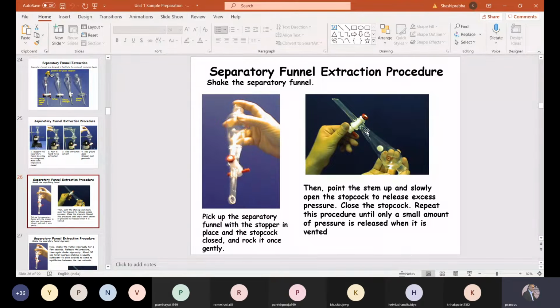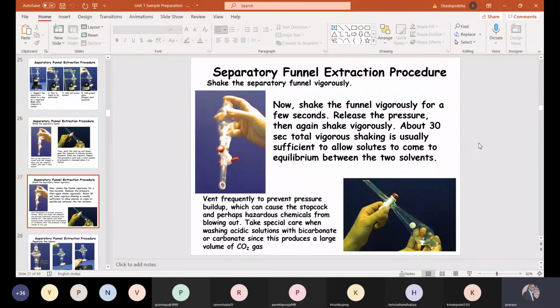Once you have shaken it for some time, then you simply invert it, and then release the pressure by opening this knob, keeping it inverted. And once that is done, again one can start with shaking the sample in a separatory funnel. So this is a simple process of doing separation using LLE.